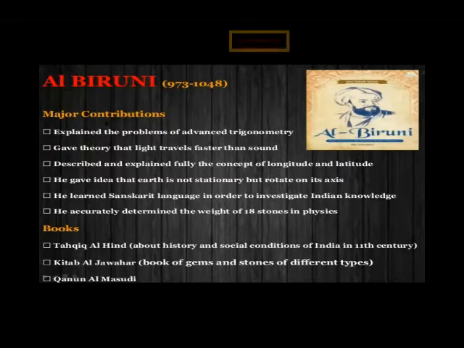The first major contribution of Al-Biruni was that he explained the problems of advanced trigonometry. At that time, no one could understand trigonometry. They knew about the triangular shape, but they were unable to solve a triangle if they had just one side and one angle. So Al-Biruni was an excellent mathematician who told us about advanced trigonometry.